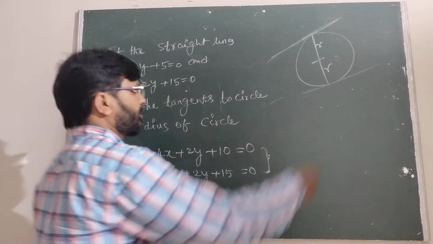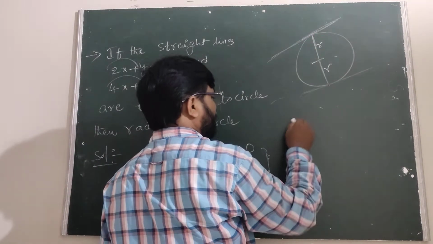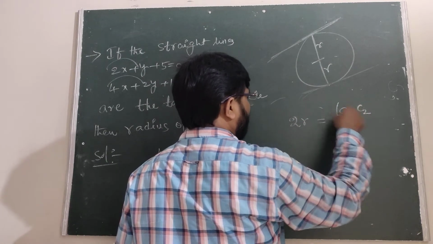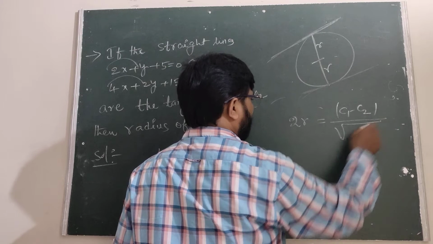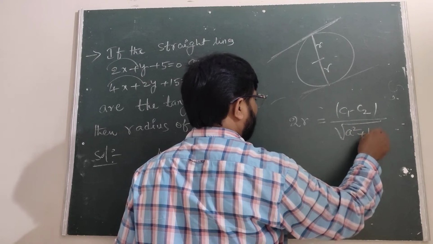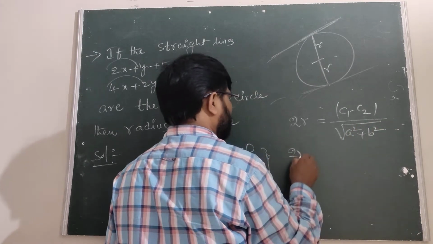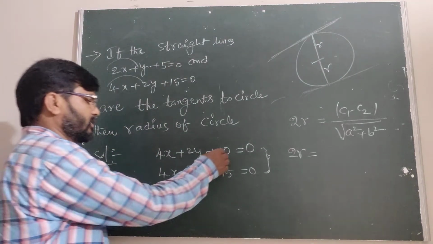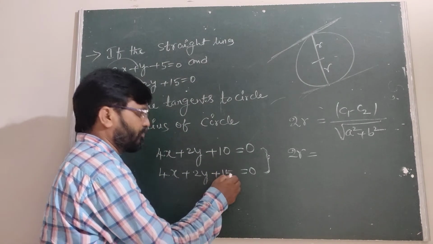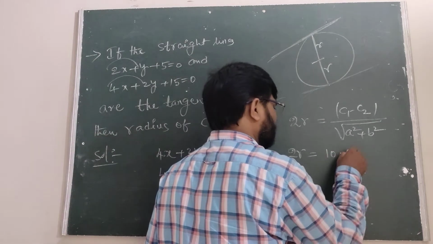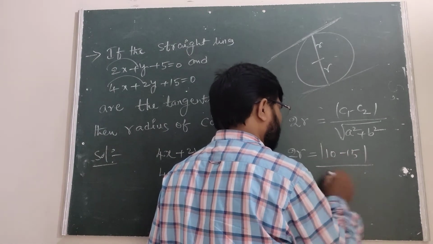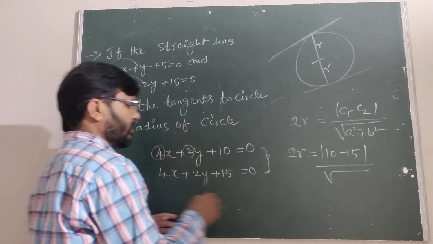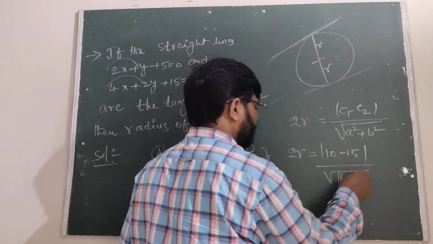Now we take the distance between them. R plus r is 2r, which is the modulus of c1 minus c2 by under root of a square plus b square. So 2r equals 10 minus 15 upon root of 16 plus 4.